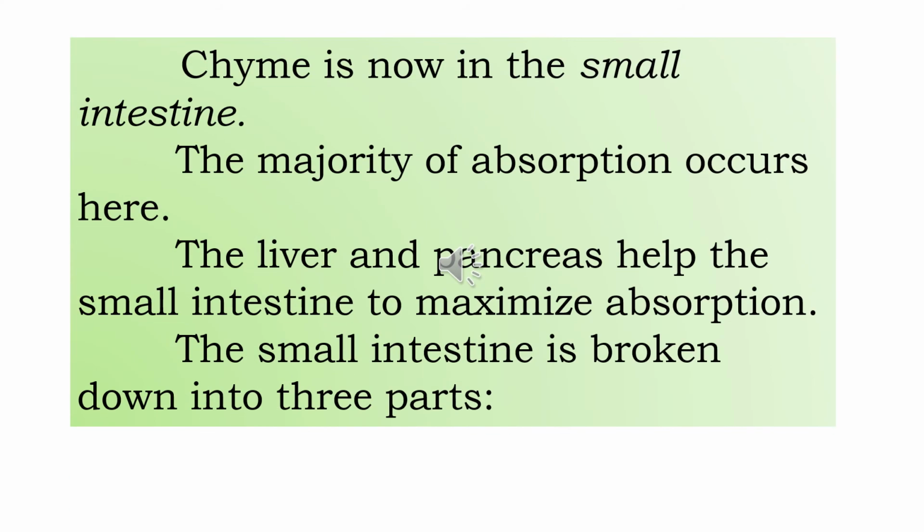Chyme is now in the small intestine. The majority of absorption occurs here. The liver and pancreas help the small intestine to maximize absorption. The small intestine is broken down into 3 parts.